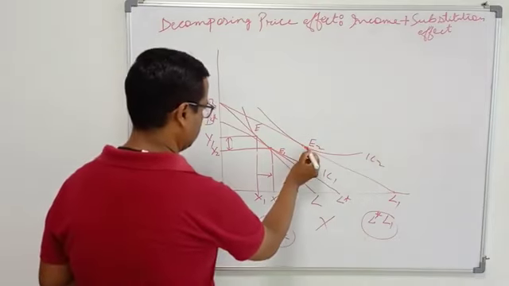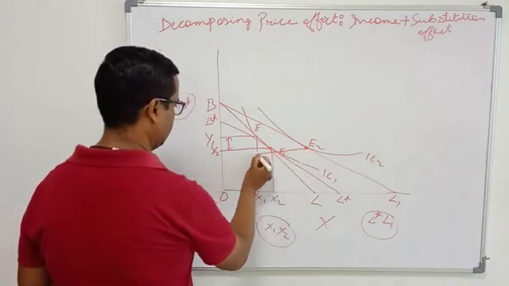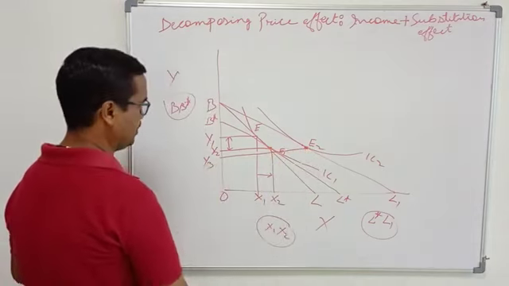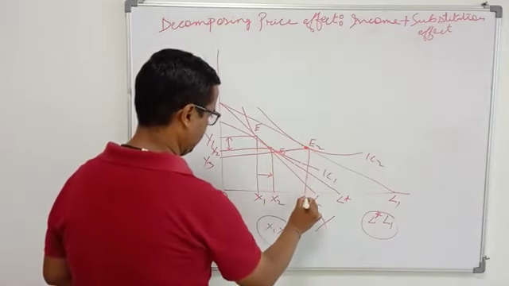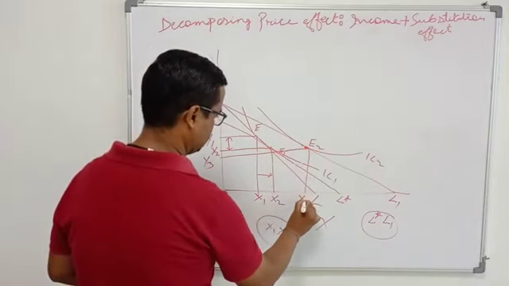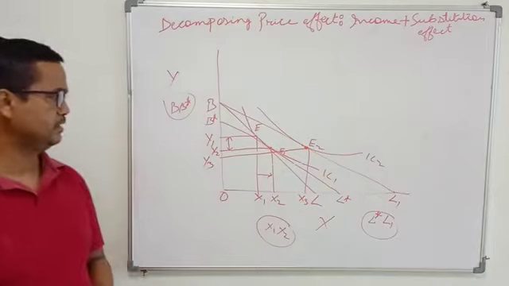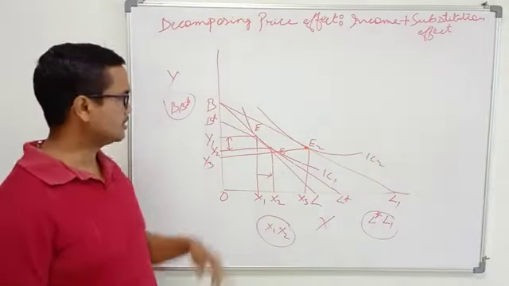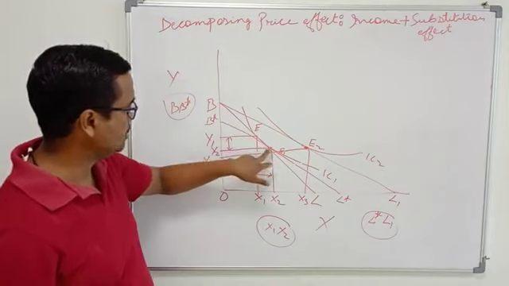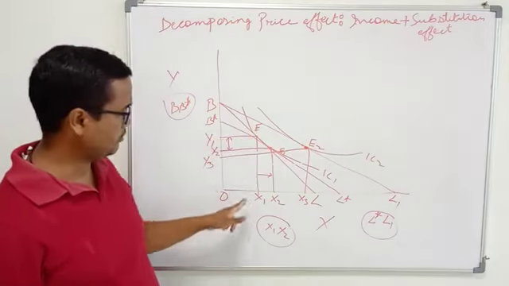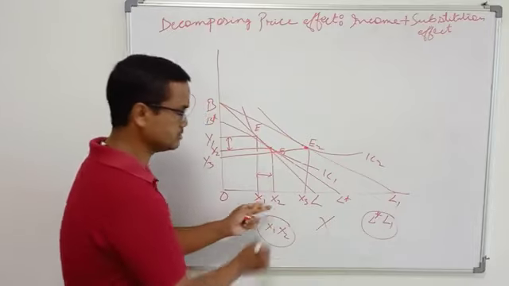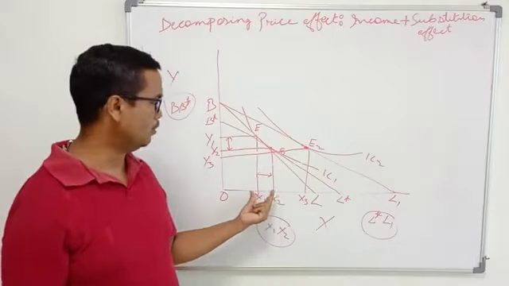If we draw these coordinates, we get that the consumer is consuming O3 of Y good and OX3 of X good. Initially, due to falling prices, the consumer moved from point E to E1, where the consumer is consuming more, this much X1, X2 amount of X good.